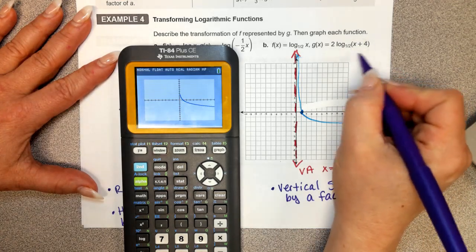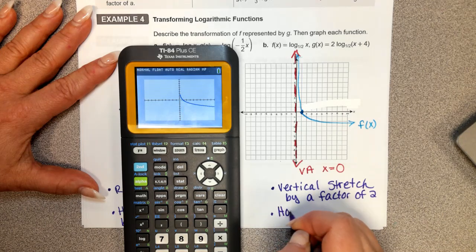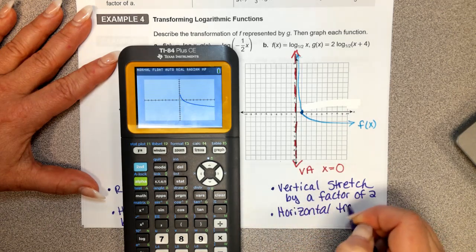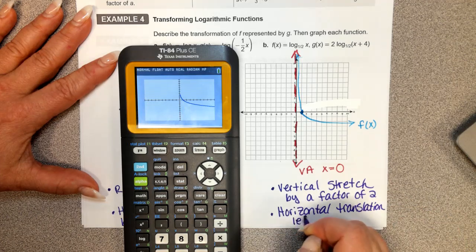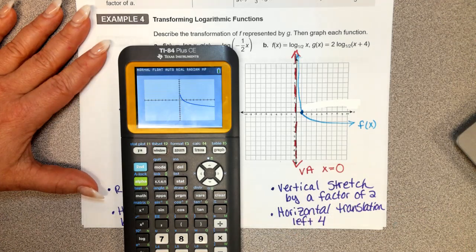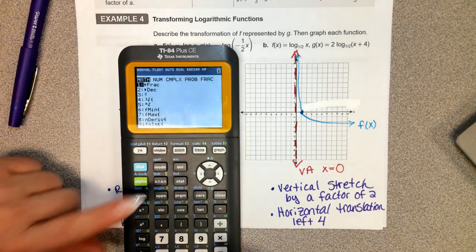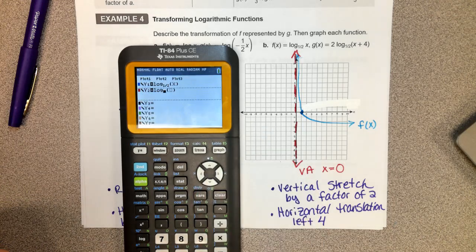Then I have an x plus 4 here in parentheses. So that's going to be a horizontal translation, and that one's going to go left 4, okay? So when you graph this one, I'm going to do math, and I'm going to go all the way down to option A so that I can change the base.